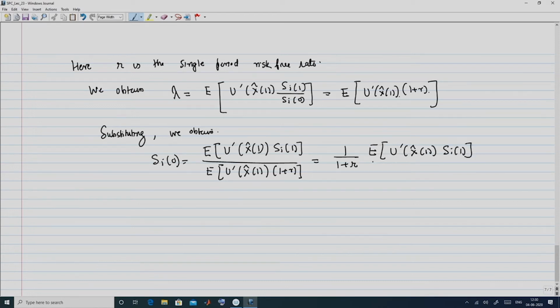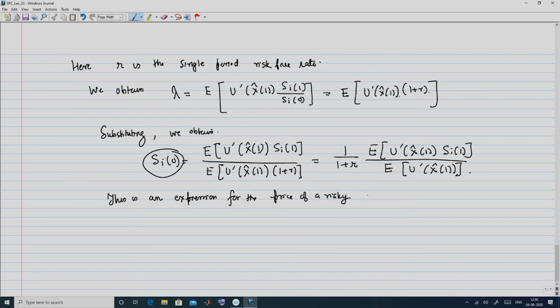So, the numerator remains the same, and in the denominator I have taken the 1 plus r out, which leaves me with the expected value of u prime of x hat of 1. And this is an expression for the price of a risky asset. So, the price at time t equal to 0 of a risky asset Si.